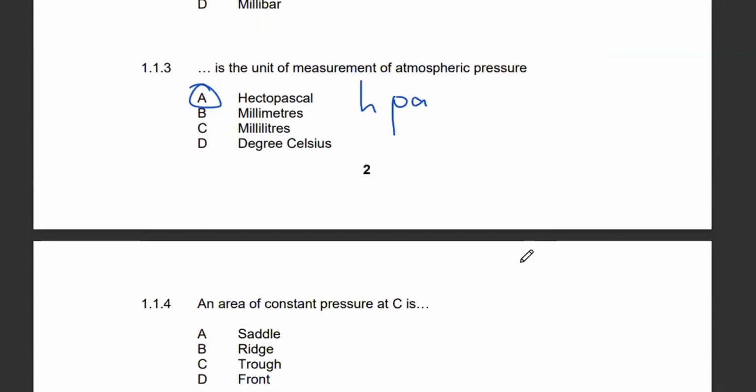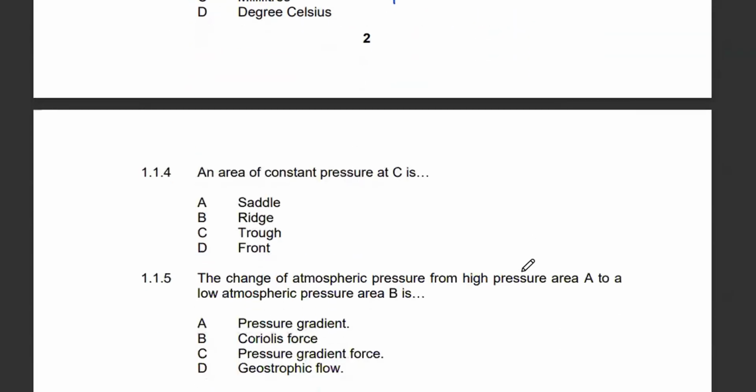All right, moving on. An area of constant pressure, an area where the pressure is equal throughout that particular area. What kind of geographical phenomenon is that?